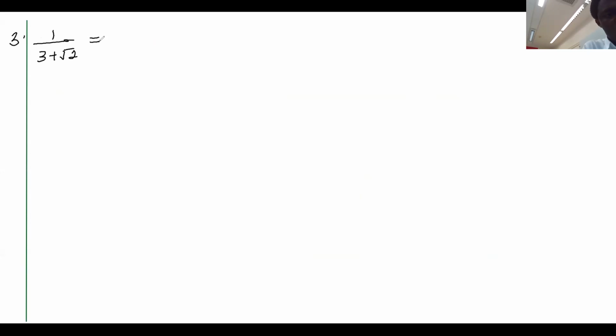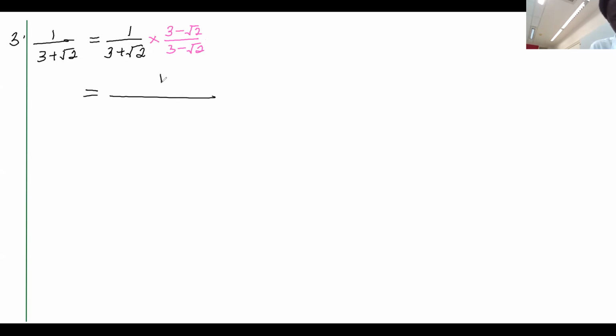For this one, like I said, if you have a binomial, you multiply by the conjugate. The conjugate is 3 minus root 2. Can everybody see that? This is still times 1, so it doesn't change anything.